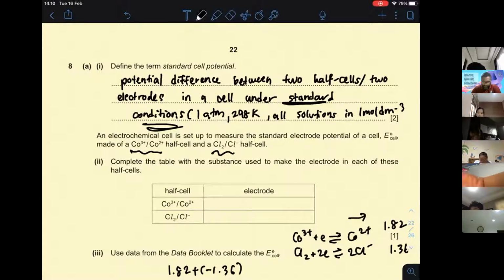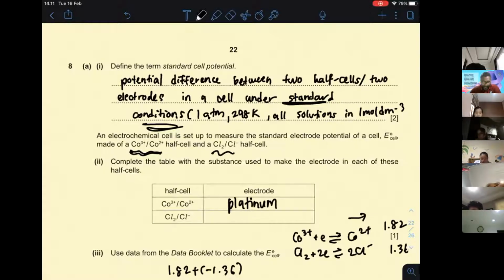So complete the table with the substance used to make the electrode. Now for this one, for the Co3 plus and Co2 plus, the electrode that is suitable is going to be platinum. You want something that is able to conduct electricity better.